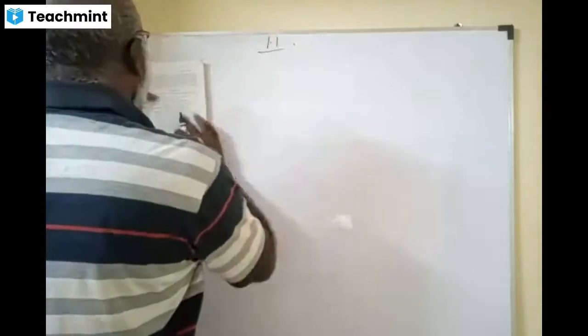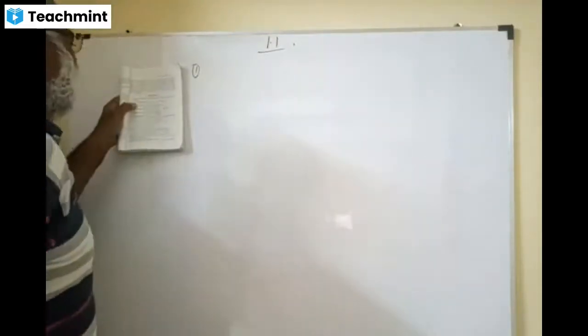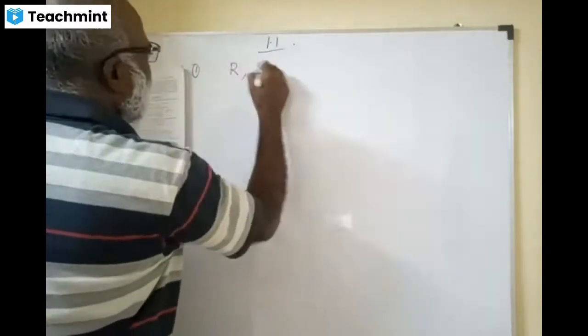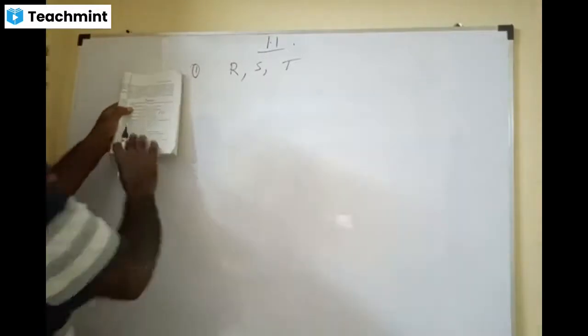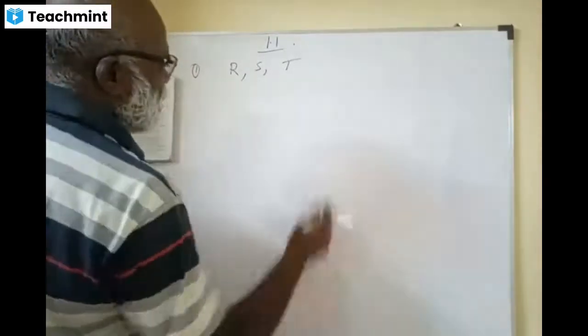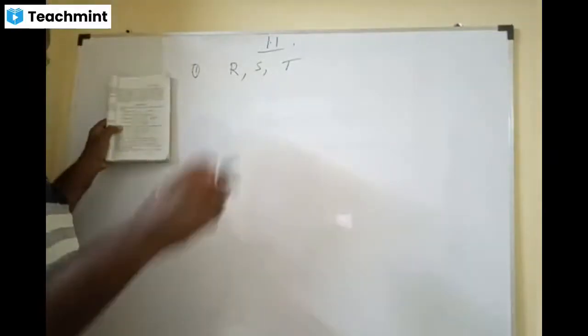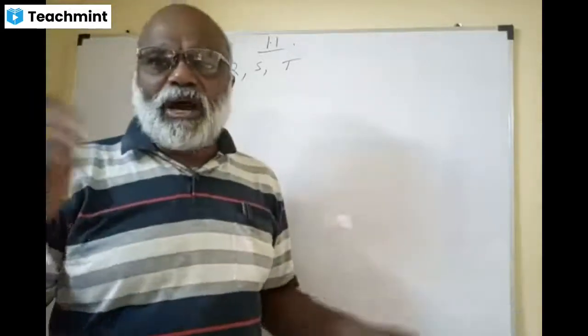Let us see 1.1. First question: determine whether each of the following relations is reflexive, symmetric, transitive. Now, what I do is I do the sum here, and then finally I will say whether each relation is reflexive, symmetric, transitive, or all.